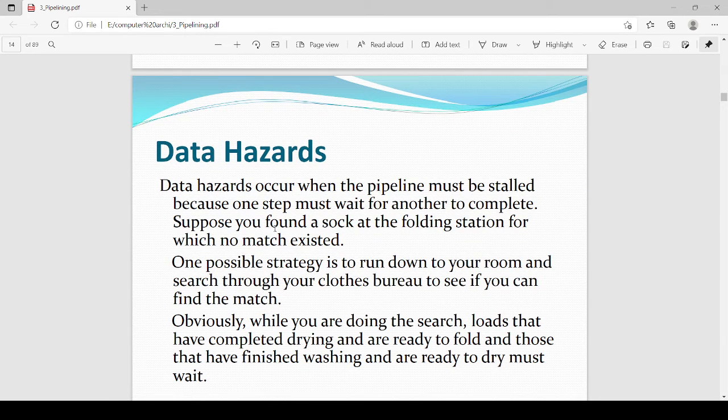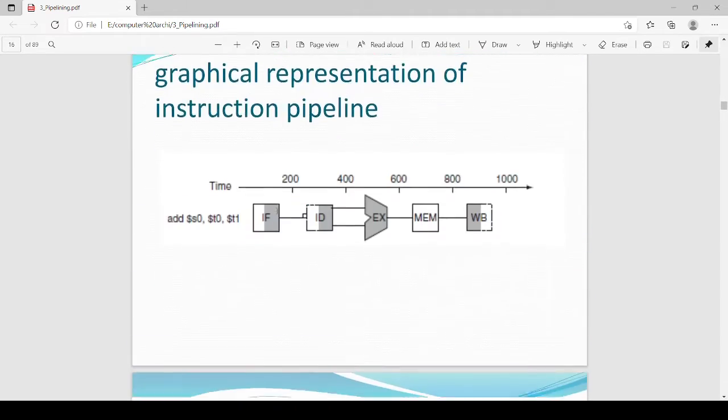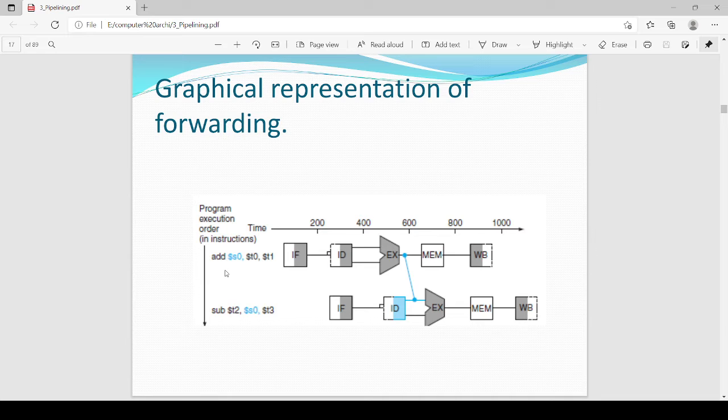Second one, data hazards. If the data needed to execute a particular instruction is not available for that instruction, that is called a data hazard. Example, consider the instructions add and subtraction. Here the data in registers T1 and T0 are added and stored in the register S0. To perform the subtraction, we need the data from the S0 register.